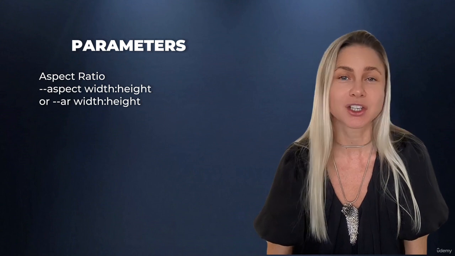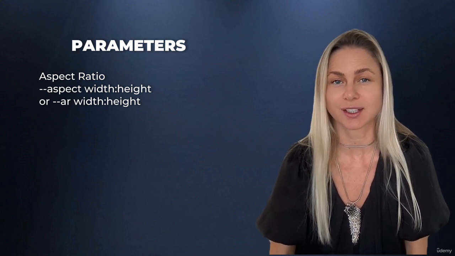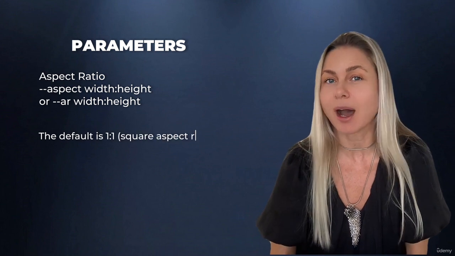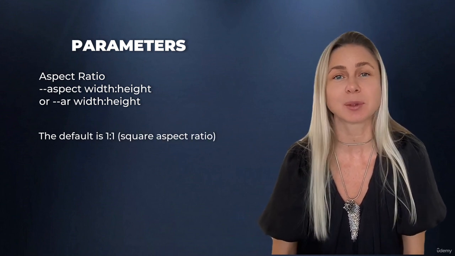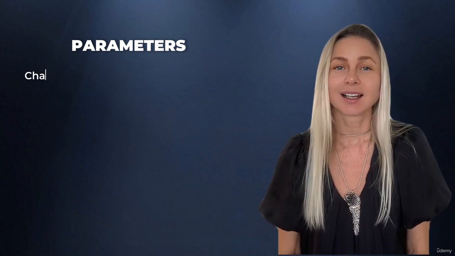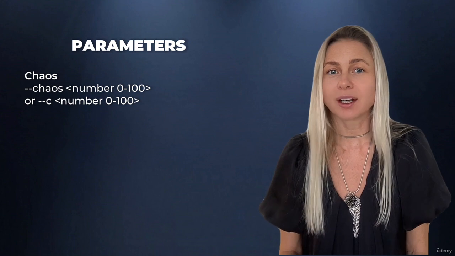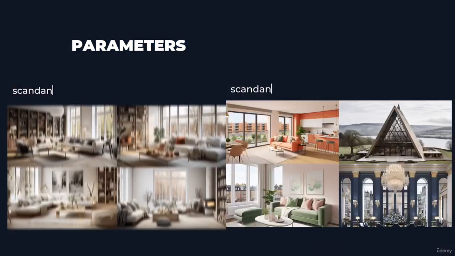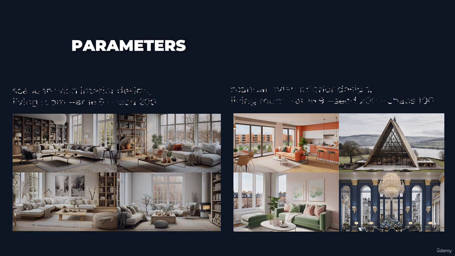Aspect ratio changes the aspect ratio of a generation. The default is 1:1, square, and you've already used this parameter in previous lessons. Chaos changes how varied and unpredictable your results are, and the default is 0.